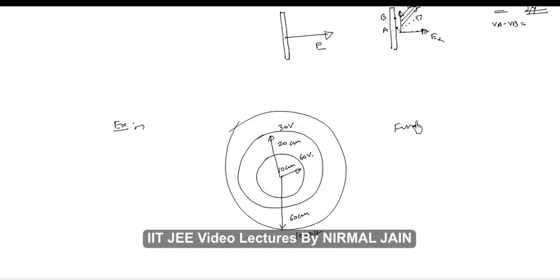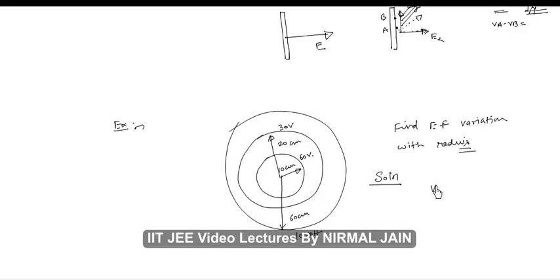Now if I'm asked to find the variation of electric field with radius, then how will I solve this question? Here I see that the product of radius and potential is constant.